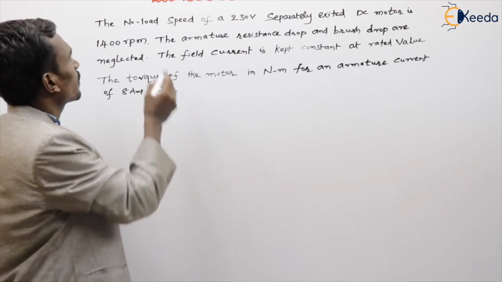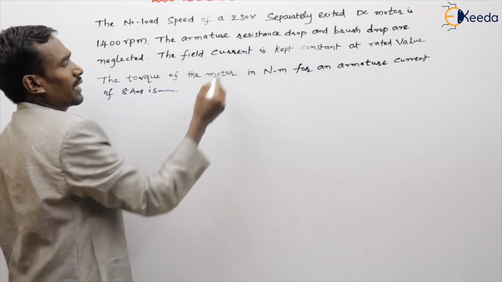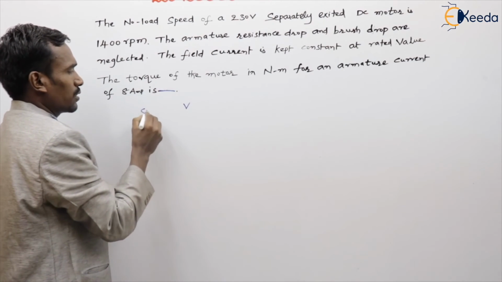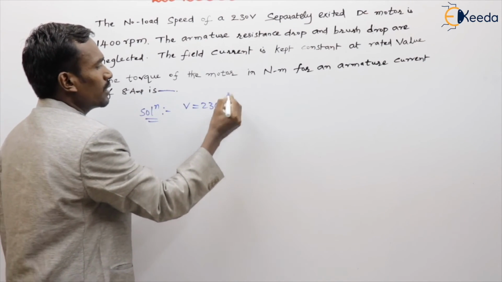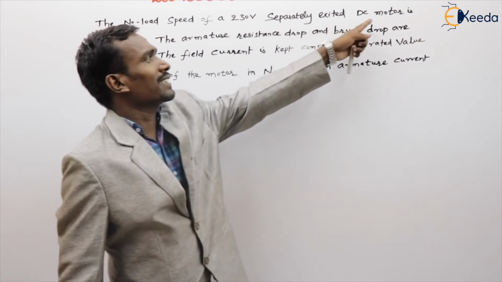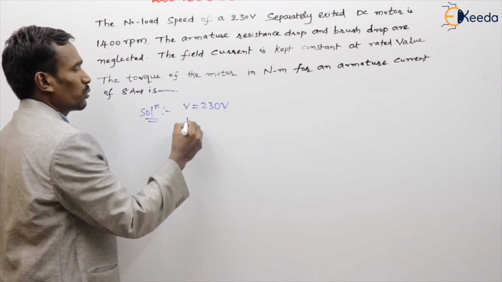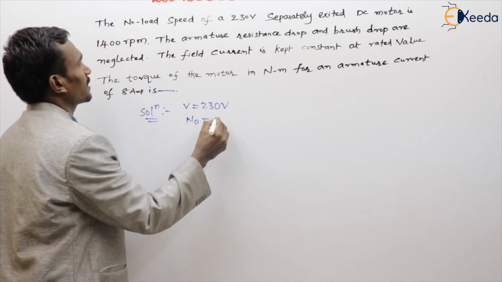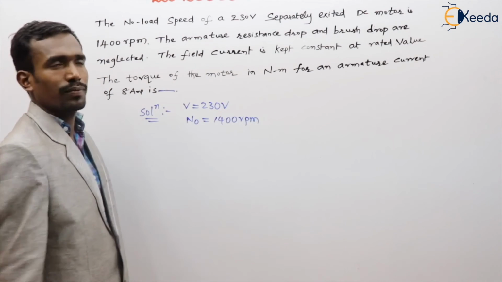See here, the no load speed of a 230 volts separately excited DC motor is 1400 RPM, they given.